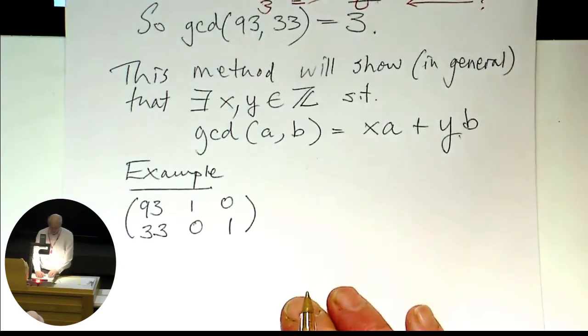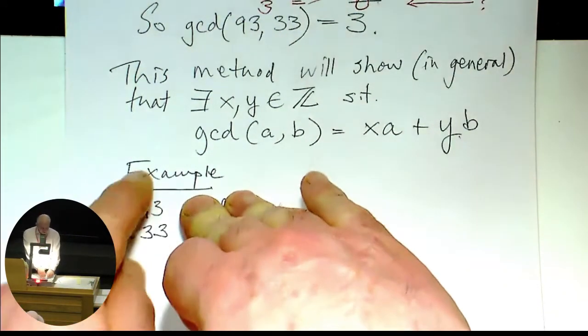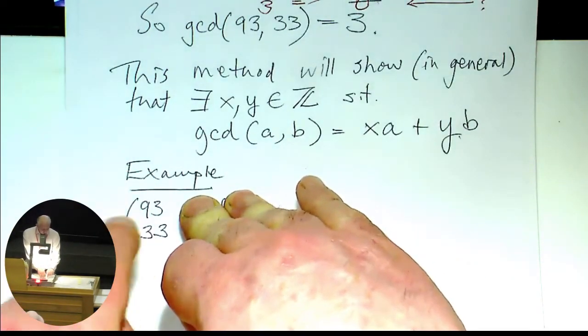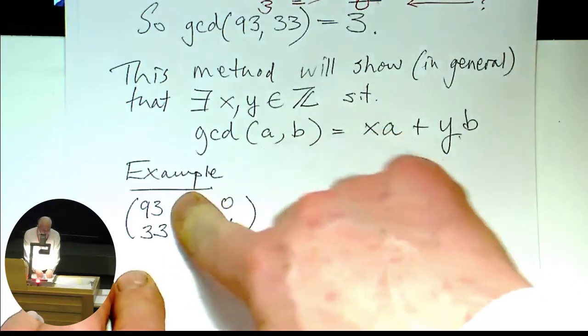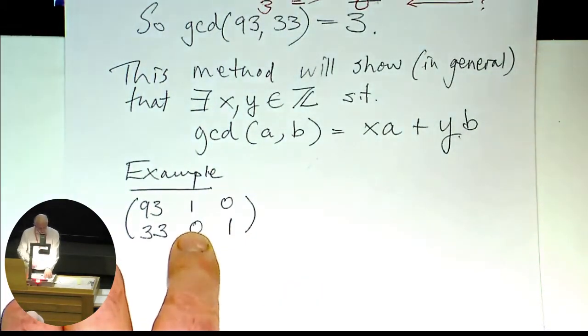What we were doing before was just looking at the first column. I'm next going to divide 93 by 33. But the point about this method is that you've extended the matrix so that the identity matrix memorizes the operations you've done.